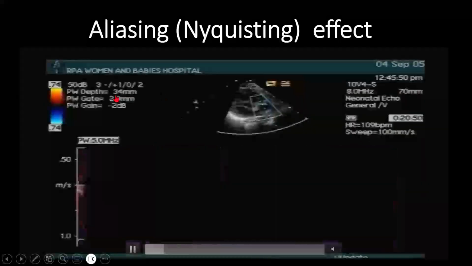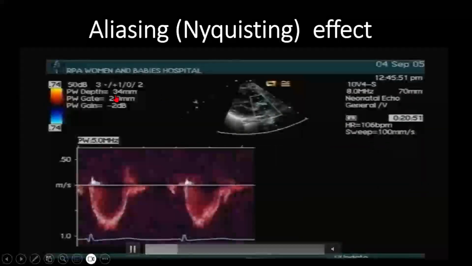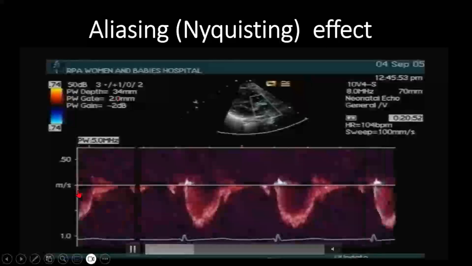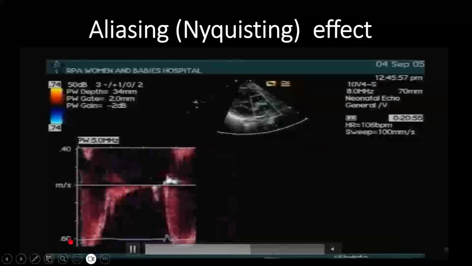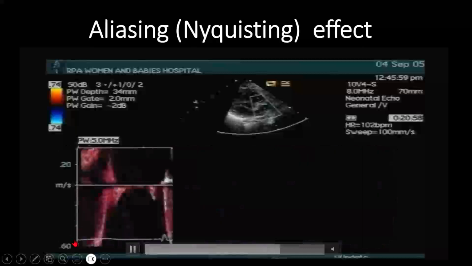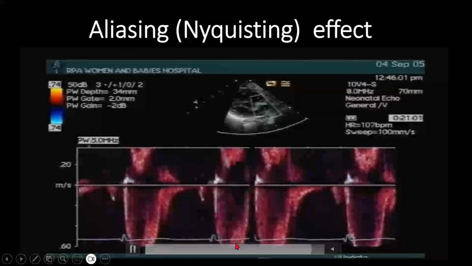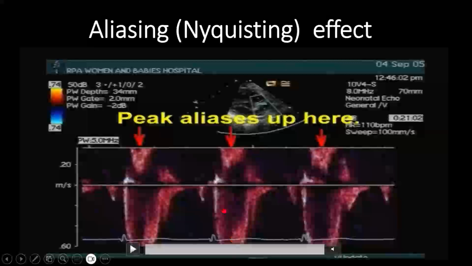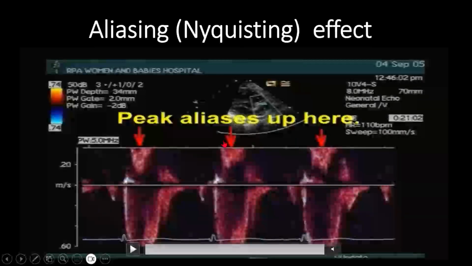So this is the aliasing effect. See what we are doing. This is the Doppler of the pulmonary artery. This is systolic, and I am decreasing the range artificially. I brought it to 0.6. You can see the tip of this velocity tracing has been broken and is brought in on the opposite side.